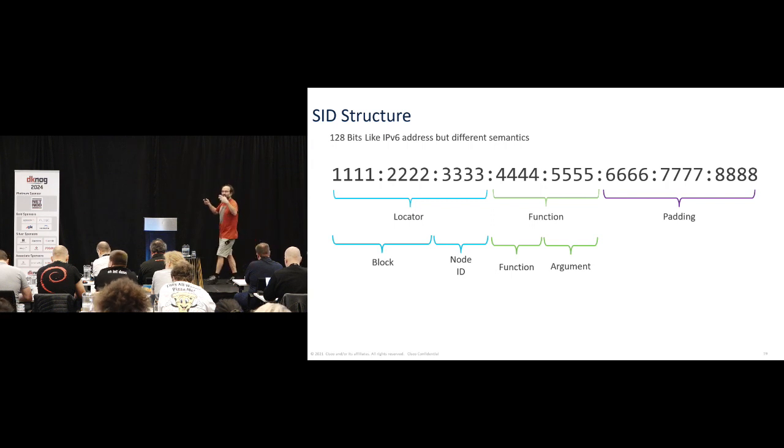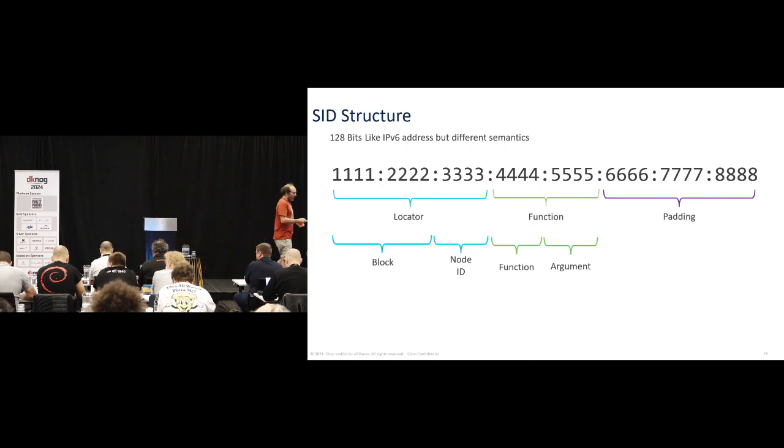If you send me the packet on my function number 1, which is the shaper, with the argument 10 gig, I will provide the shaping functionality to 10 gig for that particular stream of packets. If you send the packets on function 2, which is my policer, with 50 gigs, I'll provide the policing of those packets to 50 gigs.